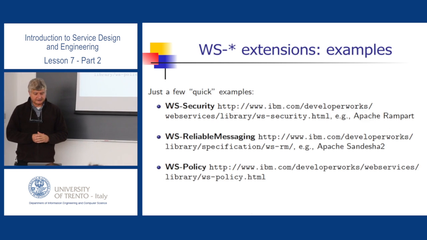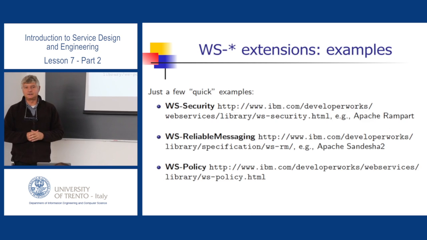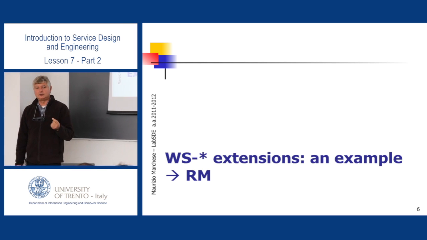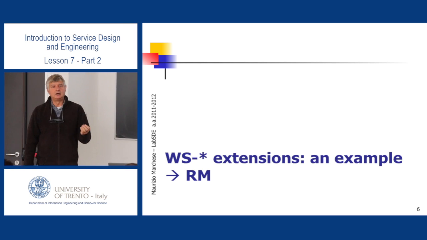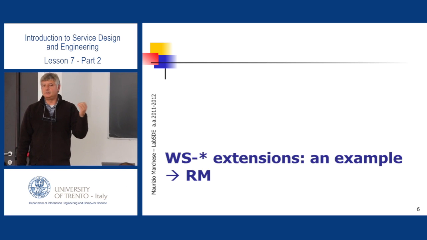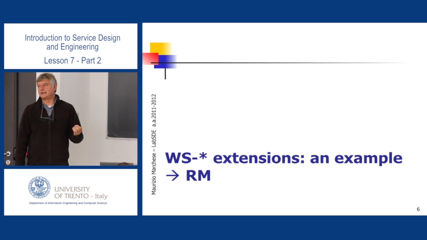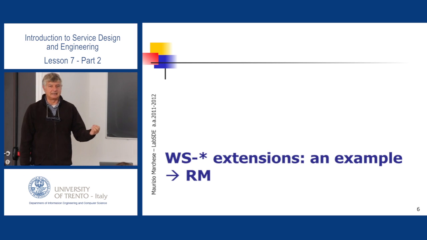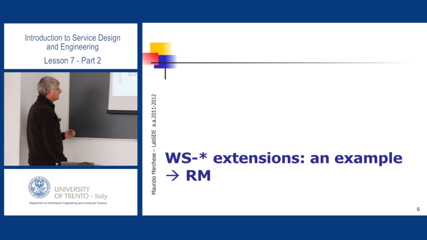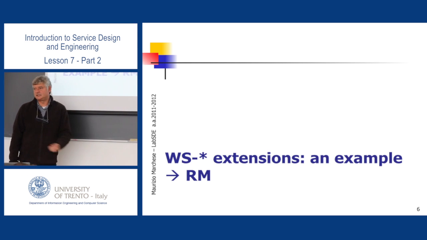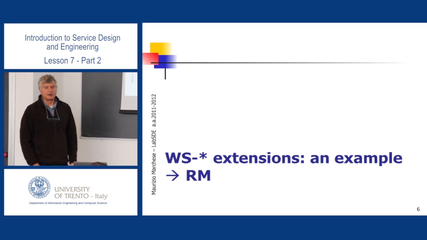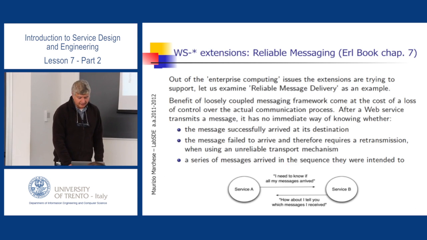So those are some examples and some pointers if you are interested to go into some details. As an example, just to show you how these things work and what it means to extend the first generation stack, let's take reliable messaging, which is one of the simplest on one hand and also the most stable one out there in the market.